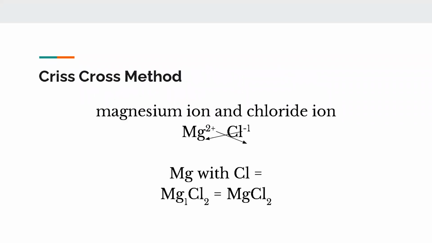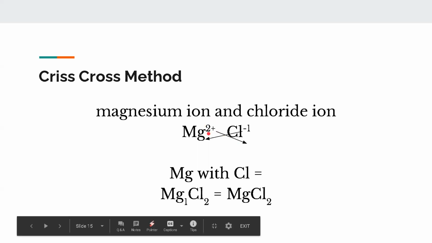If that didn't make sense to you, you could also use the crisscross method, where you take the superscript of one element and make it the subscript of the other. For example, Mg2 plus and Cl1 minus. Instead of making Cl1 minus into 2 minus, you could take the 2 here and move it across and make it Cl2.